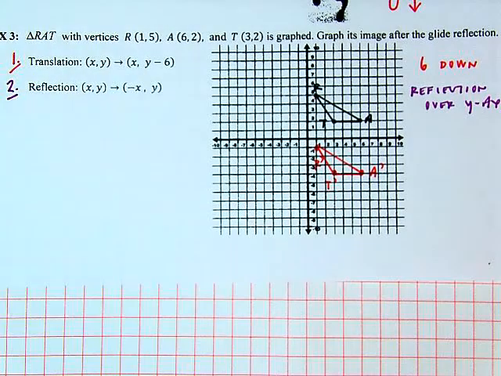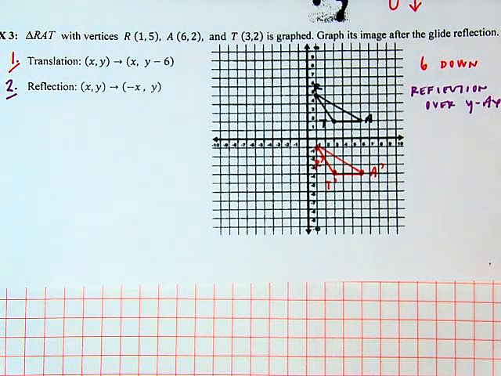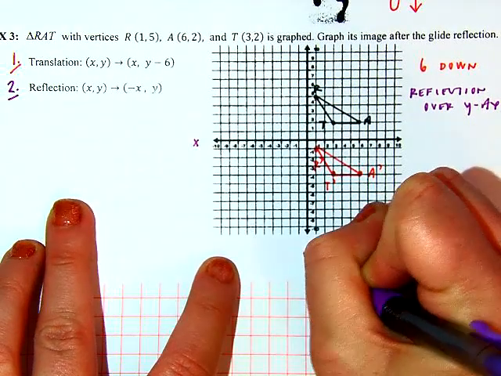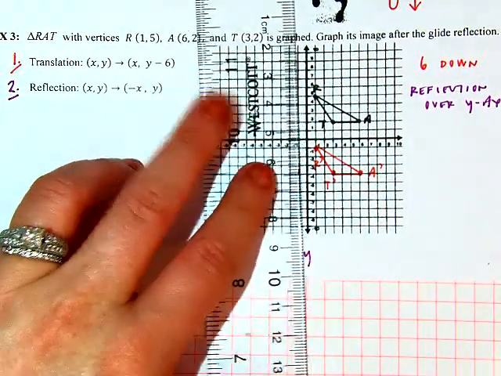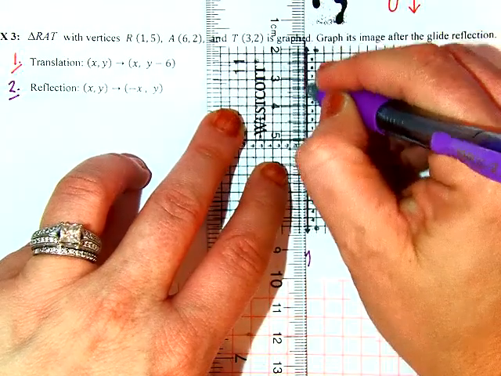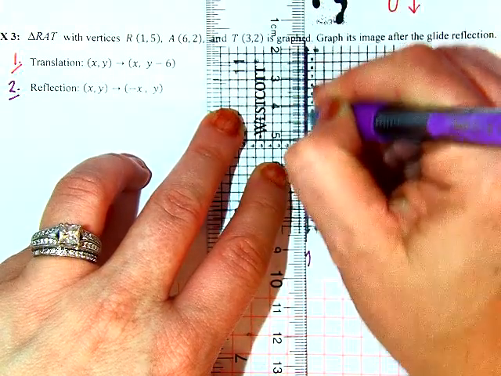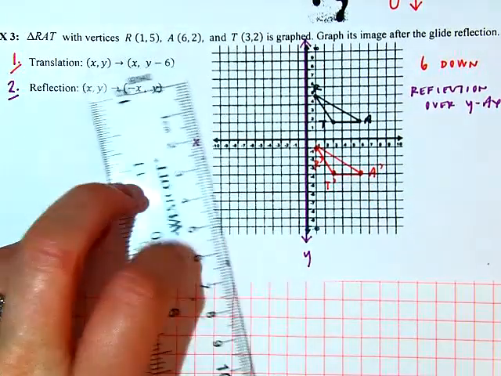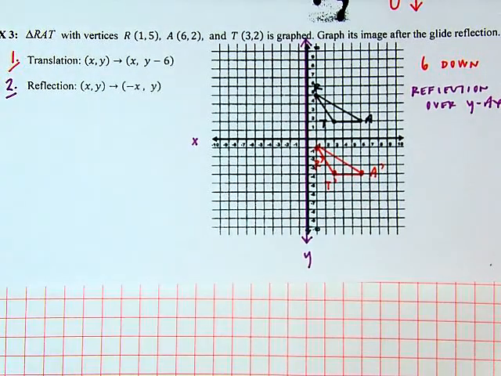Okay, so let me mark the y-axis. A reminder that here is x and here is y. So here is my y-axis, and I want to flip over it.